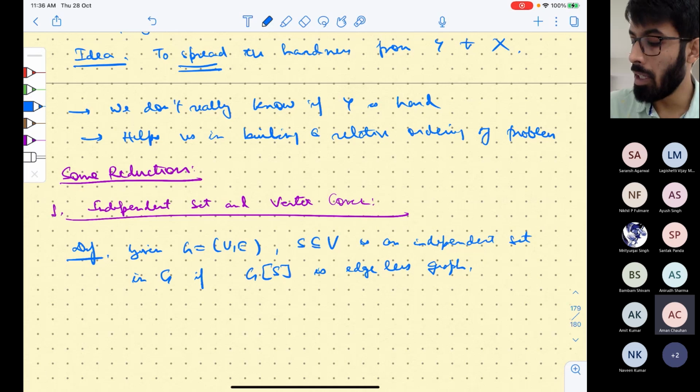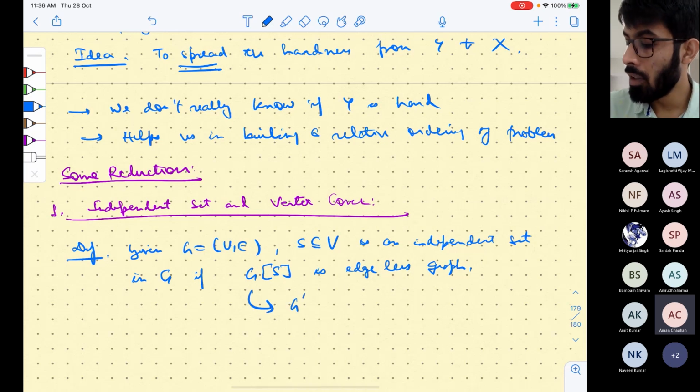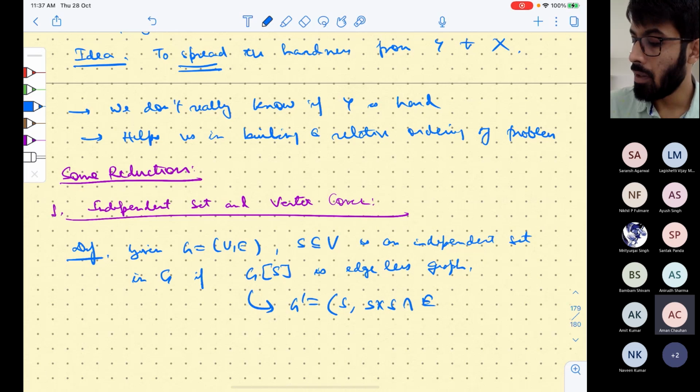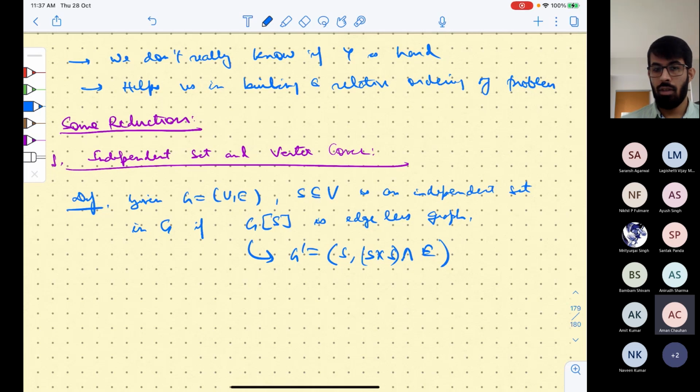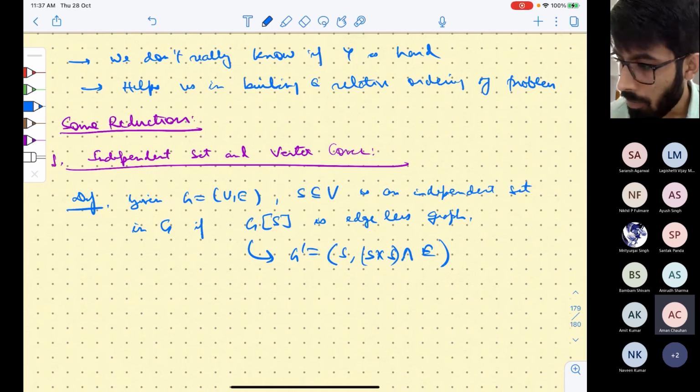And what do we mean by G induced on S? This is the graph G prime equals (S, (S cross S) intersection E). So basically we want to take the subgraph which is just induced on the vertices S, and we want to take the edges which have both endpoints in S. Right?